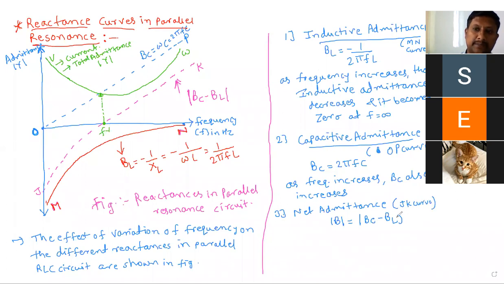The difference between BC and BL, mod of BC minus BL, is nothing but the net admittance B. Before the fourth one, the JK curve looks like a hyperbola. The JK curve is a hyperbola.